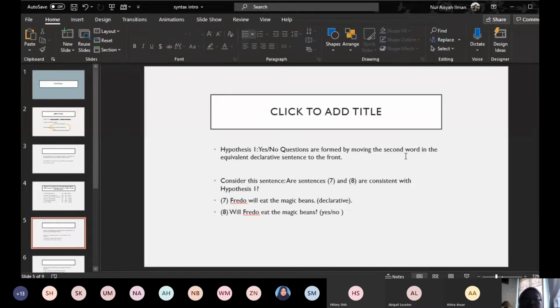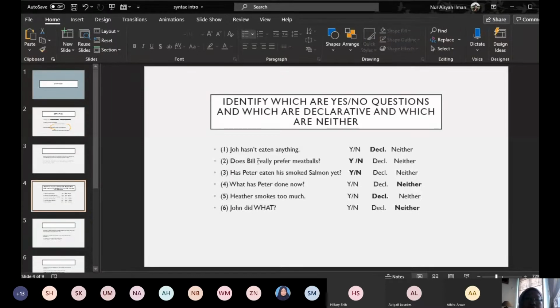We saw does, which is Bill does really prefer meatballs. Does is the second word after Bill. And then Peter has eaten. So has is the second word after the subject. So hypothesis 1 says yes no questions are formed by moving the second word in the equivalent declarative sentence to the front.